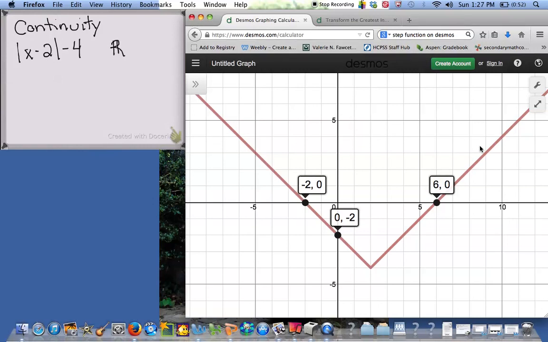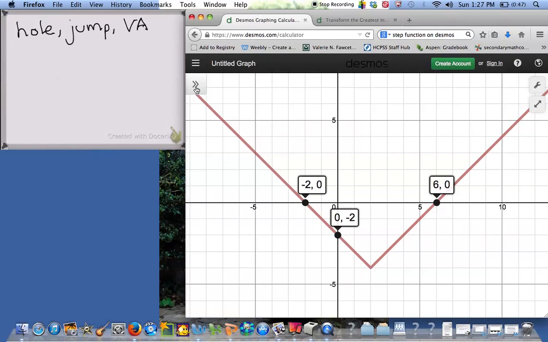Okay. Let's look at some examples where they're not continuous. Graphs are not continuous if there is a hole in the graph, a jump, or a vertical asymptote.